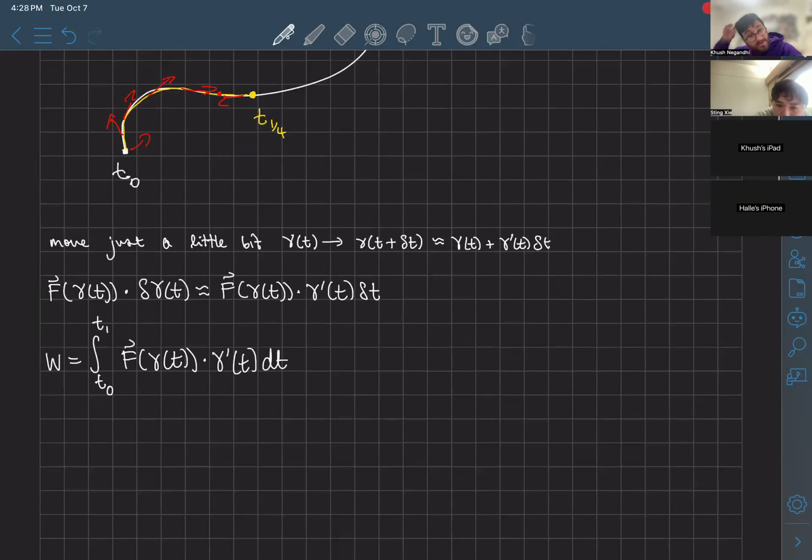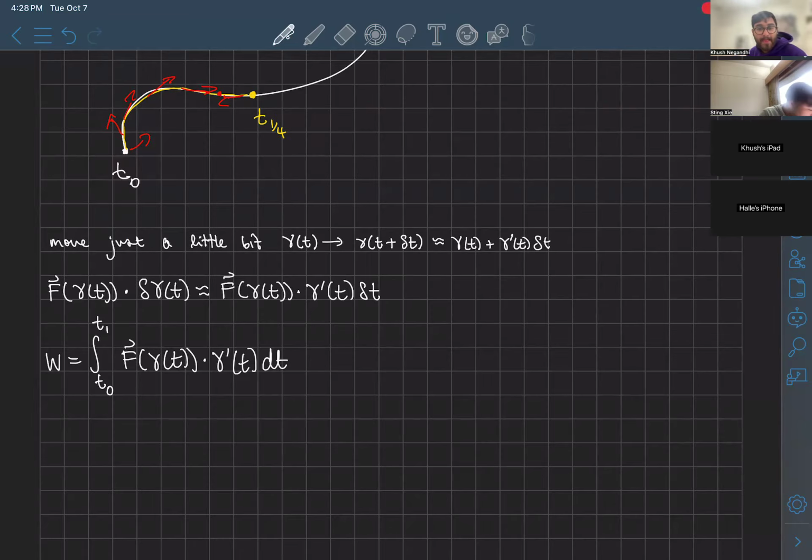And now we see that this sort of depends on how we parametrized the curve, right? Like if I move two times faster, that shouldn't really have an impact on what the integral actually is, what the work done actually is.